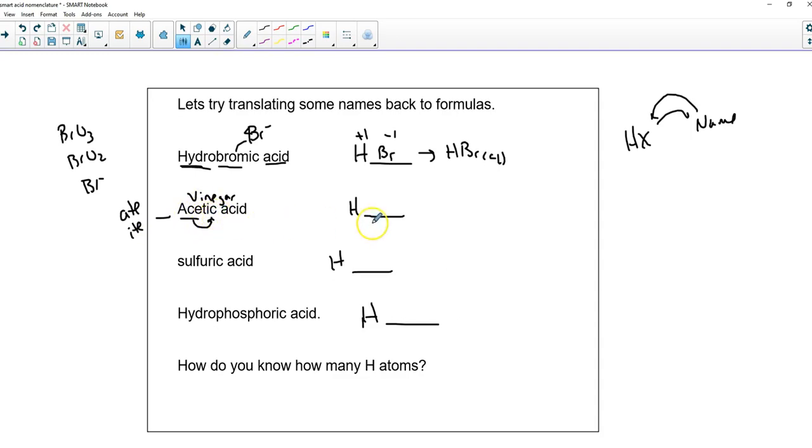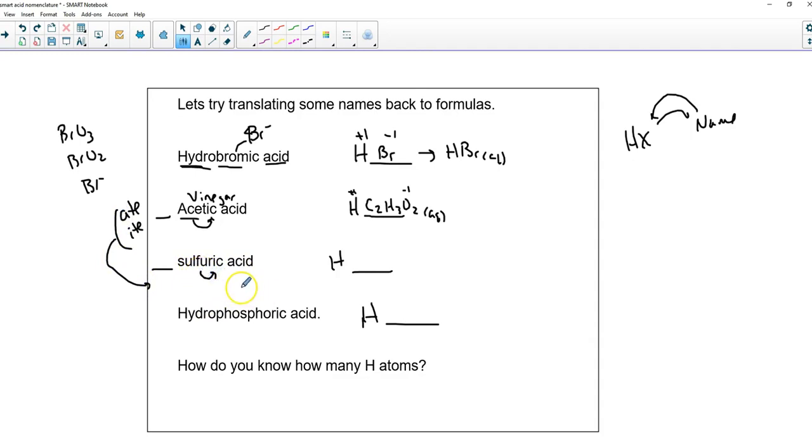So let's go ahead and look on your ion sheet. Many kids will have it out right now. Acetate is C2H3O2, a negative one, and H is a positive one. So we're good to go here. Charge balance is good. All right, sulfuric acid. Again, there's no hydro, so it's an ate or an ite, not an ide.